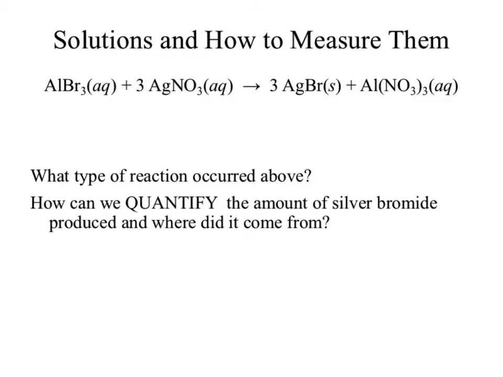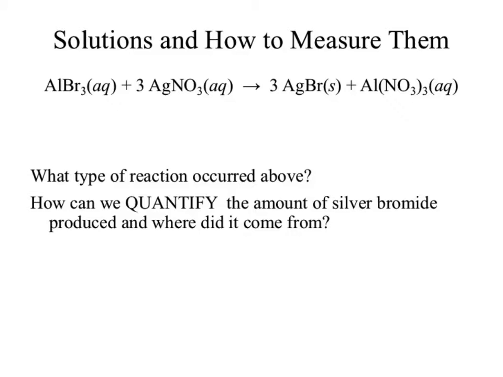So what would I mix to make the silver bromide? We have a chemical equation. How would I make the silver bromide? I would take aluminum bromide and silver nitrate and I would mix those. How do I measure the aluminum bromide?